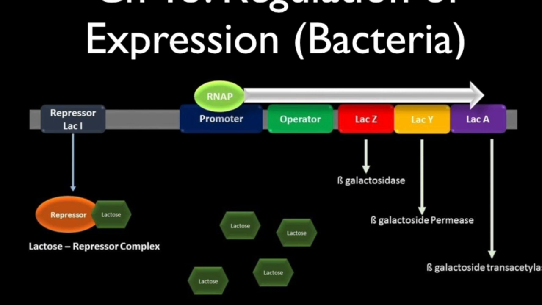So now that we understand how the process of transcription and translation works, I want you to think about that whole process as being the expression of the information contained in the genome. So you take this encoded information and you use it to make something. In most cases, we're talking about a protein here.